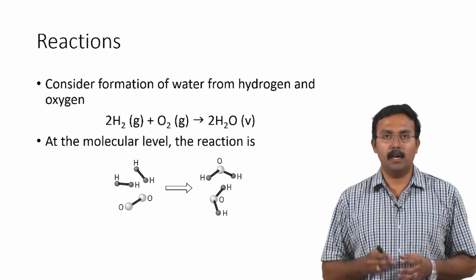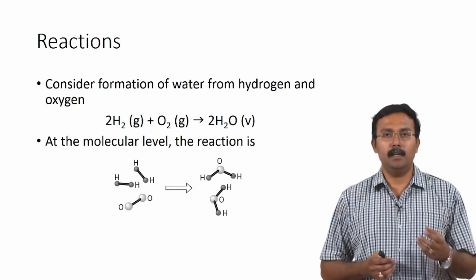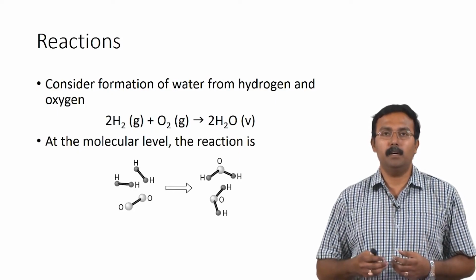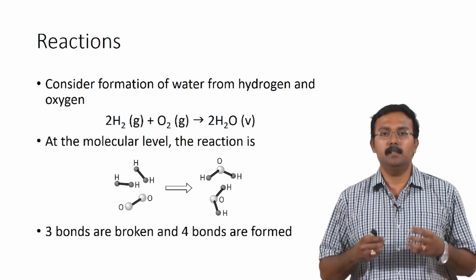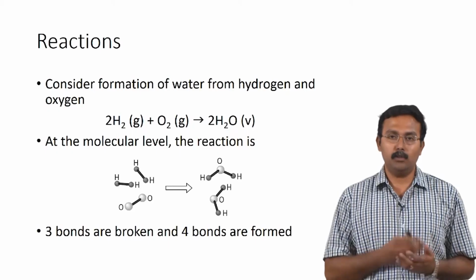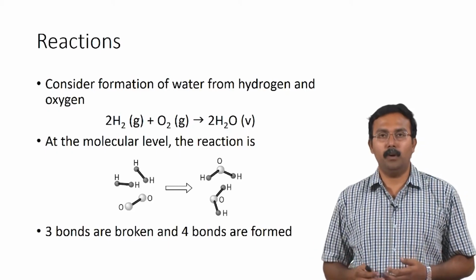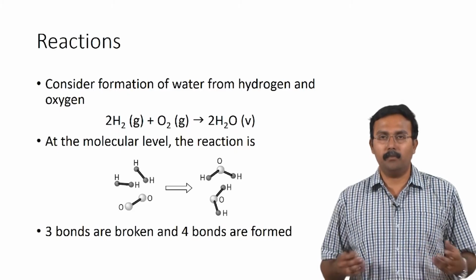These bonds are broken and you have new bonds which are formed between the hydrogen and the oxygen atoms to form H2O. So, this means 3 bonds in the reactants are broken and 4 bonds in the product are formed. So, this is the process of reaction.